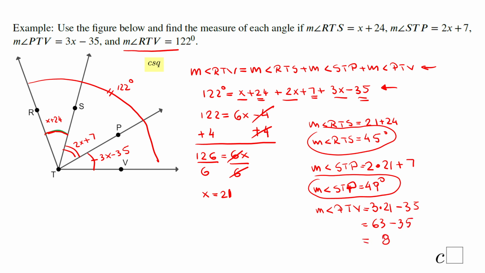You can grab a calculator and be sure you do the right job. 28 degrees. So the measure of angle PTV is 28 degrees. Of course, the last step you can do in this problem to check if you are correct or wrong is to add these three values and see if you get 122.